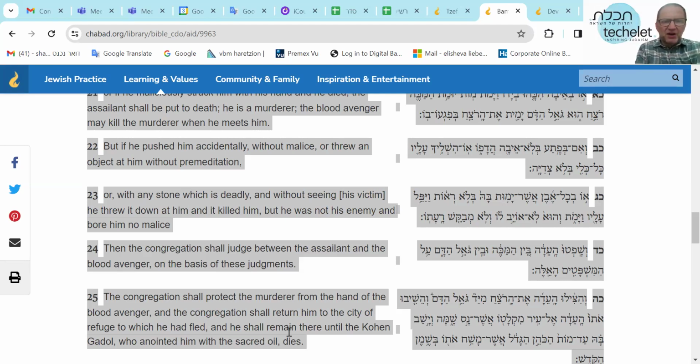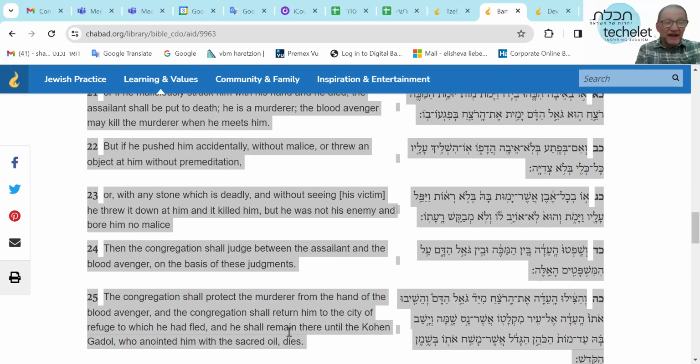But the Kohen Gadol, if he goes to the city of refuge in this scenario, can never have the possibility of returning home. Because once the Kohen Gadol dies... Wait a second. Do they not appoint another Kohen Gadol? Yeah, you can't be without a Kohen Gadol. So you'd appoint another one. So when the replacement dies, he can go.